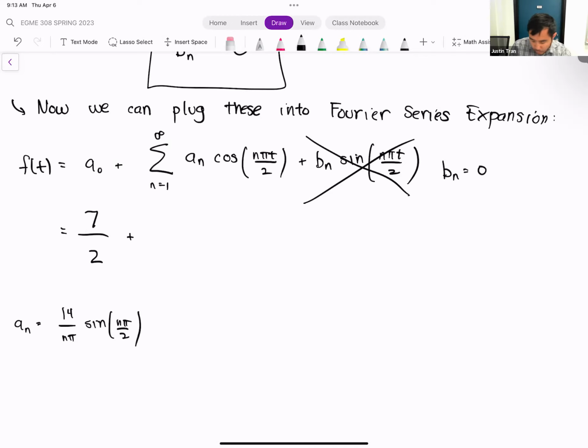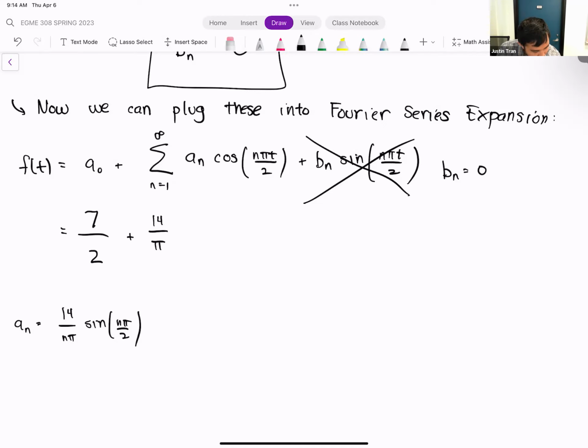Okay, so let's plug in various values for n. Let's start with n is equal to 1. When n is equal to 1, we have 14 over pi. We have sine of n pi over 2, so n here is 1. Sine of pi over 2 is just positive 1. Okay, so our sign is correct.